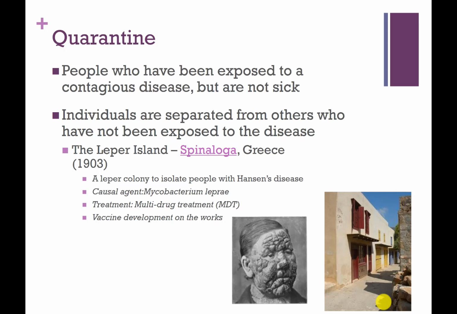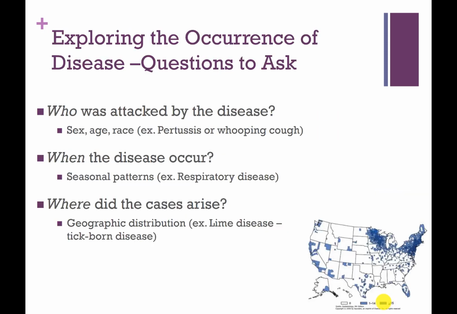U.S. quarantine stations located at ports of entry and land border crossings use these public health practices as part of a comprehensive quarantine system that serves to limit introduction of infectious diseases into the United States and to prevent their spread. So what are the questions that epidemiologists need to ask in order to solve disease outbreaks?